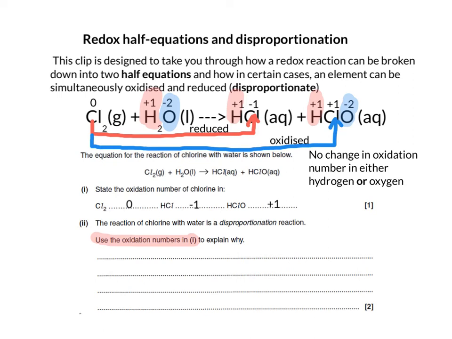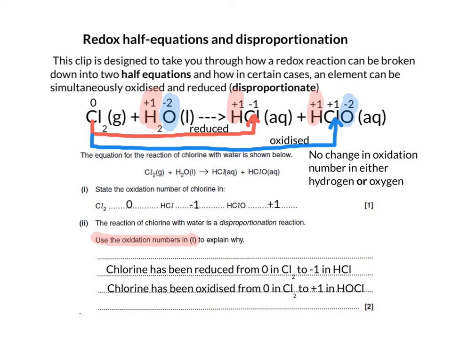So let's start with the reduction. So chlorine has been reduced from 0 in Cl2 to -1 in HCl. And it's been oxidized from 0 in Cl2 to +1 in HOCl. So when I'm putting it into words, I'm making sure I've got the starting and finishing oxidation numbers.